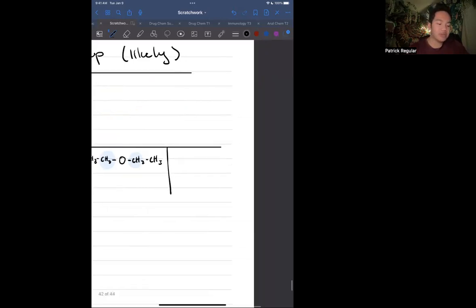So if you have a cyclobutanol, just draw a square. OH. I would expand that. CH2, CH, CH2, CH2. OH right here, right?